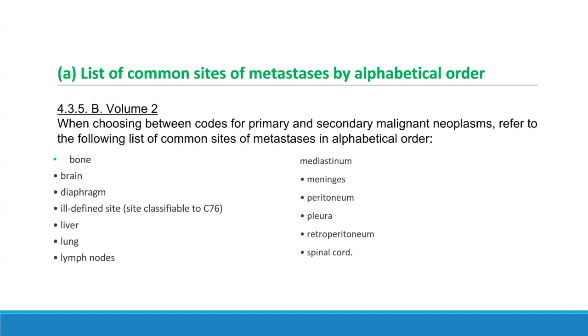The list of common sites of metastasis is a valuable tool for identifying primary neoplasm because each type of cancer tends to have a characteristic pattern of metastasis. For example, lung cancer often spreads to the brain, bones, and adrenal glands, while breast cancer frequently metastasizes to the lymph nodes, bones, and lungs. When choosing between codes for primary and secondary malignant neoplasm, refer to the list of common sites of metastasis.